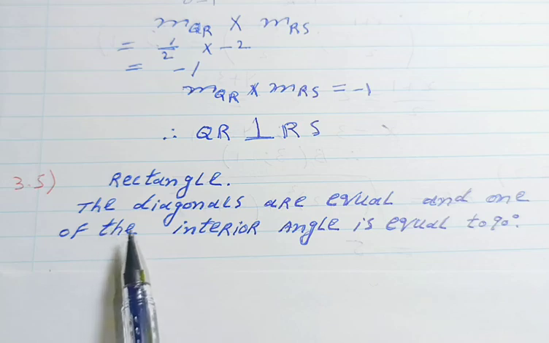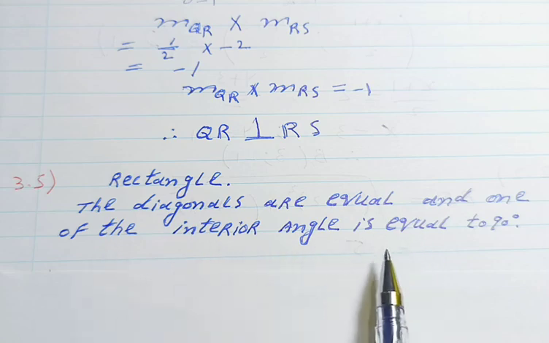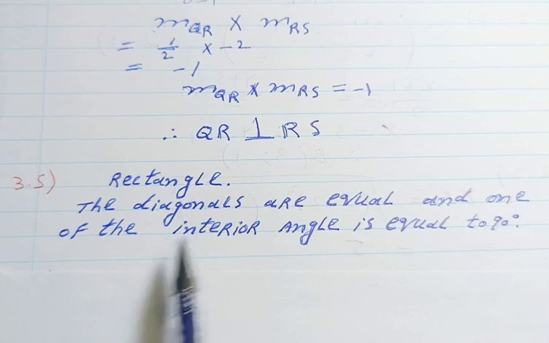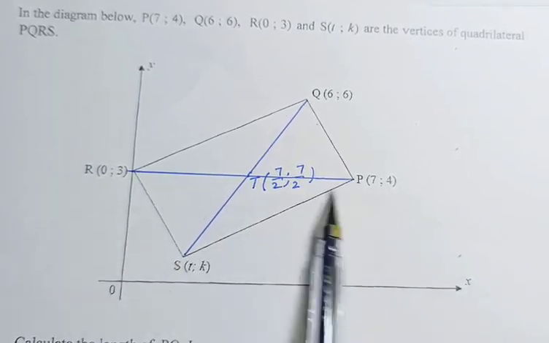Why? Because the diagonals are equal in length. Or you can say this is a rectangle because one of the interior angles is equal to 90 degrees. But if you want to write both reasons, it is not a problem. I need to show you both reasons, but even one is fine. So why do we say this? Look here, both diagonals are equal in length.